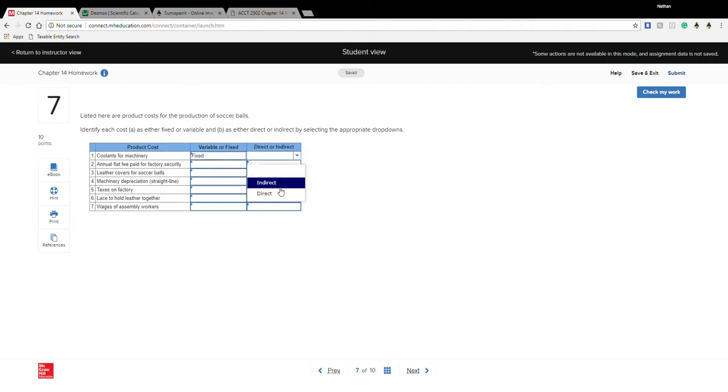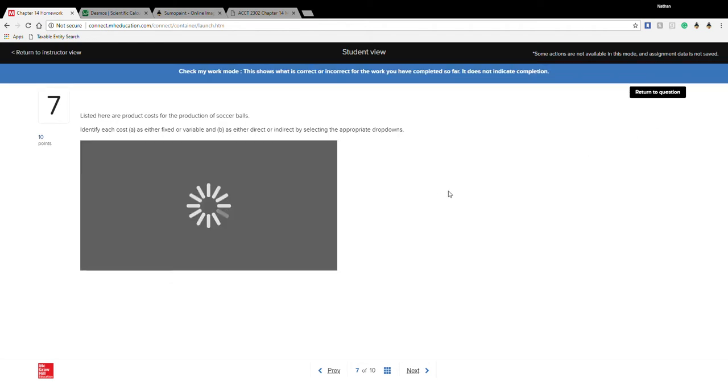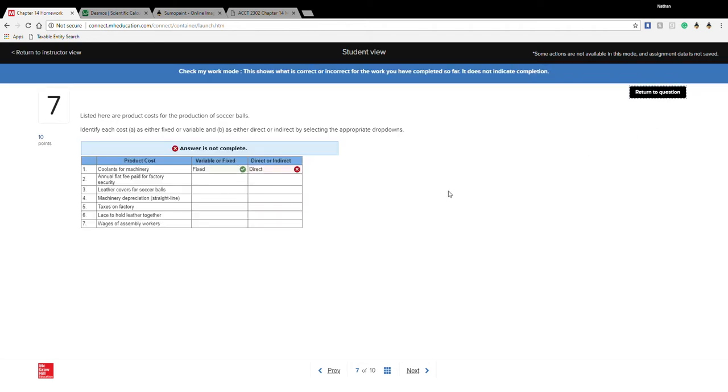Now, will it follow indirect or direct? It is for machinery, and machinery could be direct. So if you always forget, you can always check. Notice this, even though it's for machinery and we know it's basically with factory overhead, it's not going to be direct.